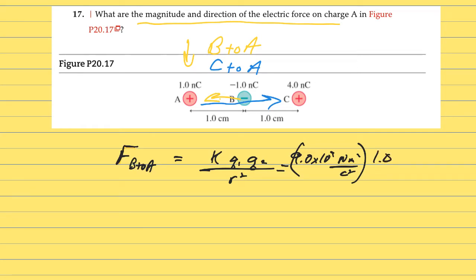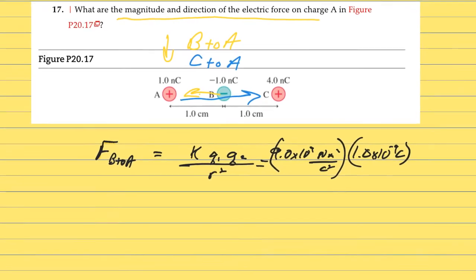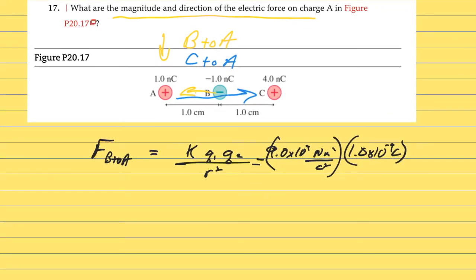I converted in my head 1.0 times 10 to the negative ninth coulomb, and that whole thing is over 1 centimeter, which would be 0.01 meters, and we have to square that.